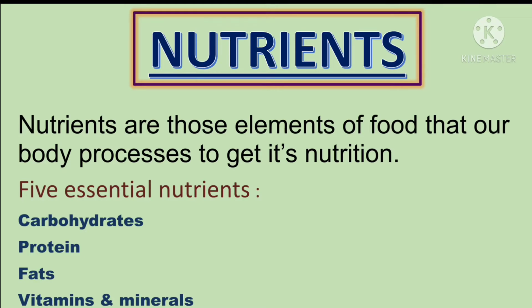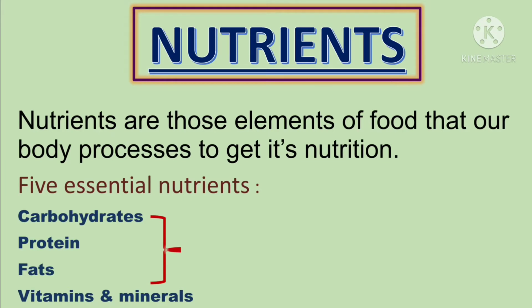And dear students, carbohydrates, protein and fats are considered as macronutrients, while vitamins and minerals are considered as micronutrients because even though they are consumed in smaller quantity, they are enough to fulfill the need of the human body. So hope you are clear with the term nutrients.